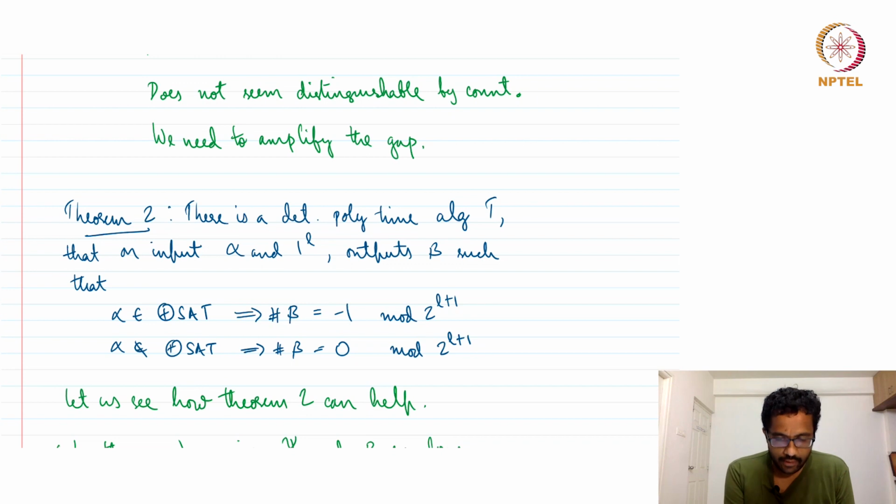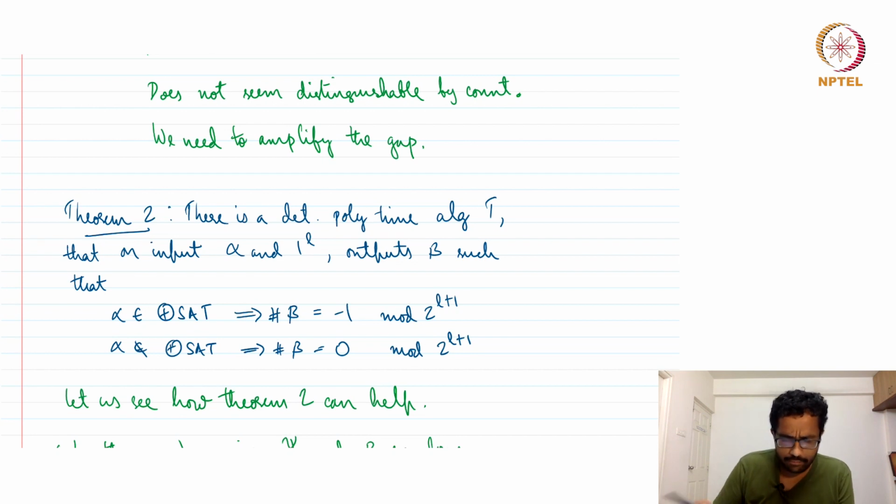Okay, so what we do here is, that is our theorem 2. This says that given an input formula alpha and given 1 power L, which is just the number L as an input, there is a deterministic polynomial time reduction that outputs a formula beta such that if alpha is a yes instance of parity set, then beta will have -1 mod 2 power L plus 1 satisfying assignments.